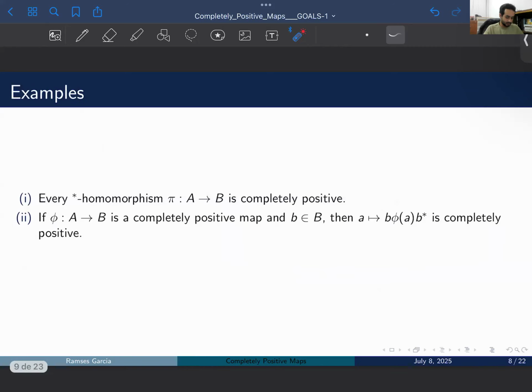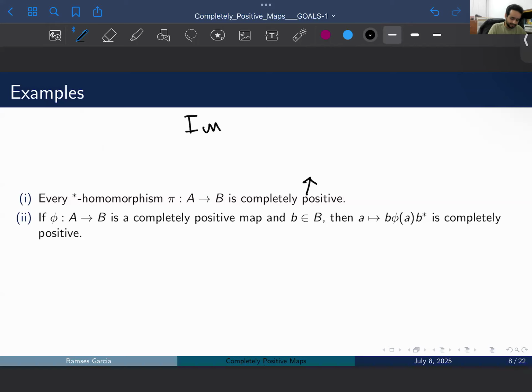We have two examples. The first one, we already know it. Every star homomorphism between C-star algebras is completely positive. The reason, as we saw, was exercise 10.2, I guess.